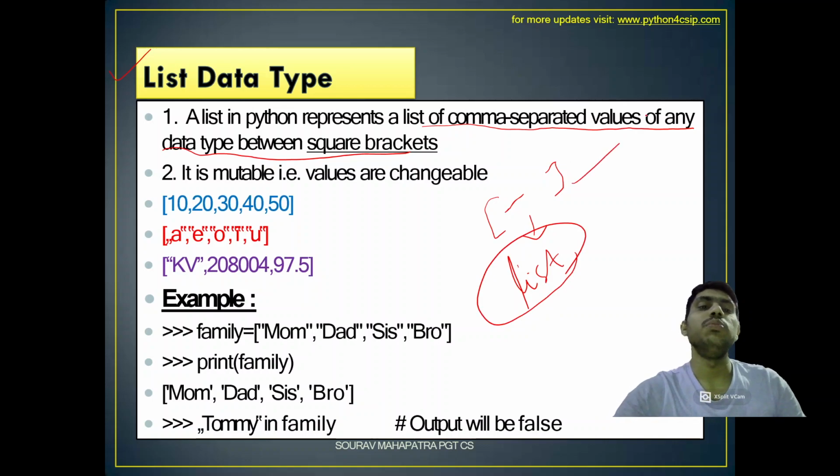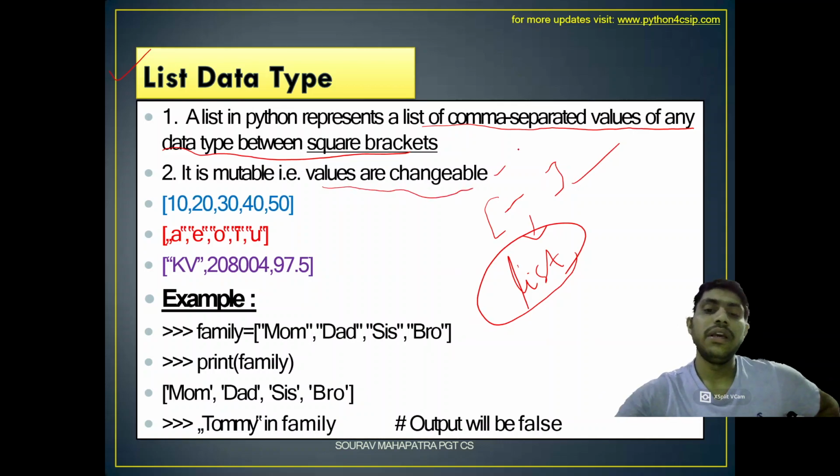Whatever the value is, it can be integer, fractional number, string, whatever, but it should be in the form of square brackets and comma separated. It is mutable, values are changeable. The mutable concept we will read after this. You can see family equal to this one, print family. Now you can see here. So this is the list data type.